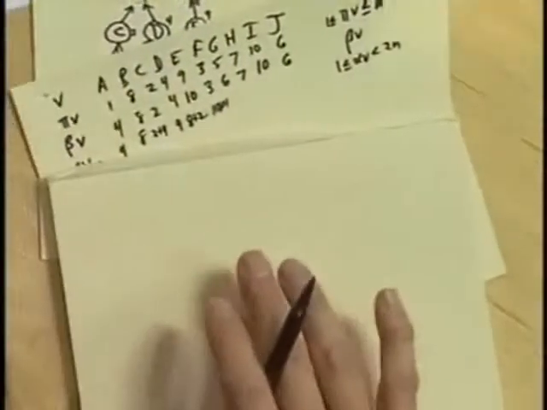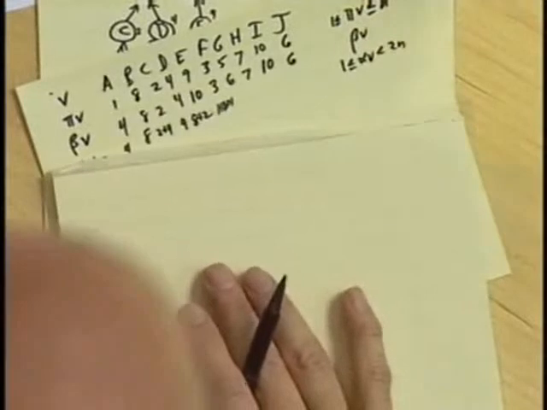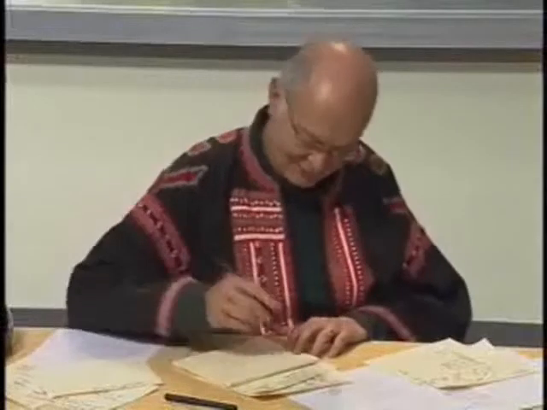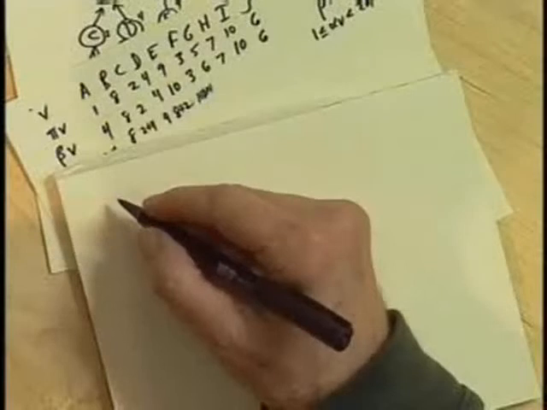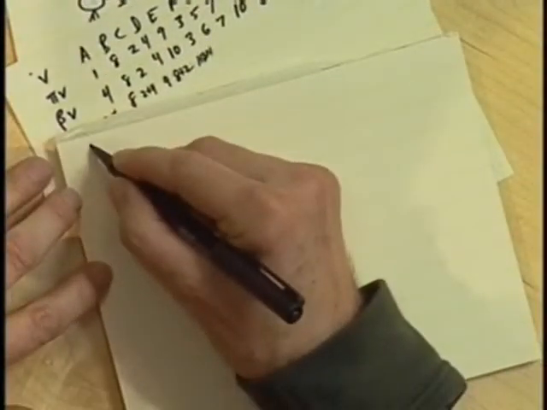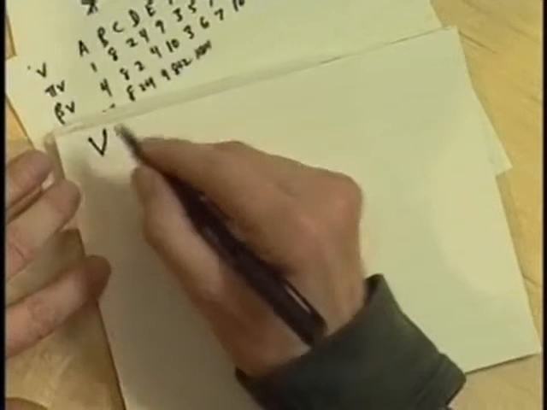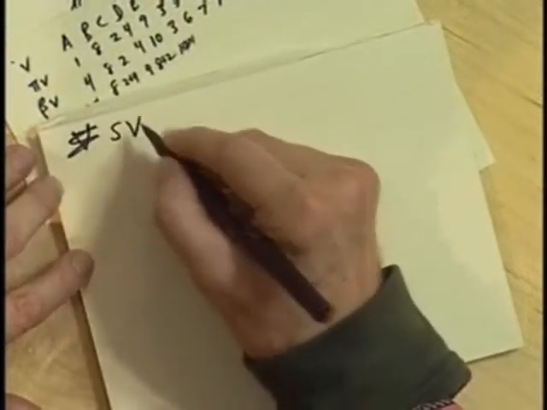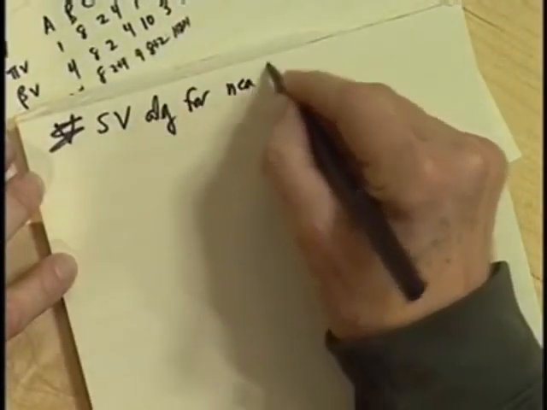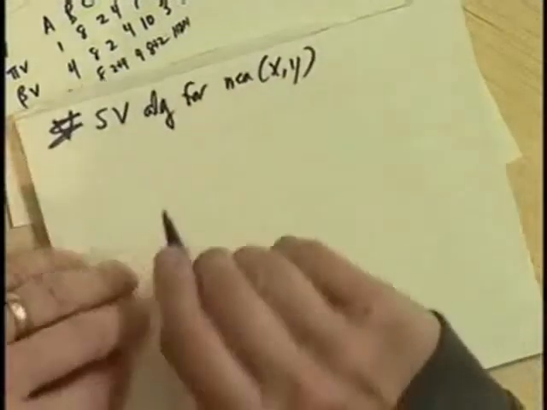I will just write down the Schieber-Vishkin algorithm so that you can see how fast it is. So here's the Schieber-Vishkin algorithm, the SV algorithm for the nearest common ancestor of x and y.